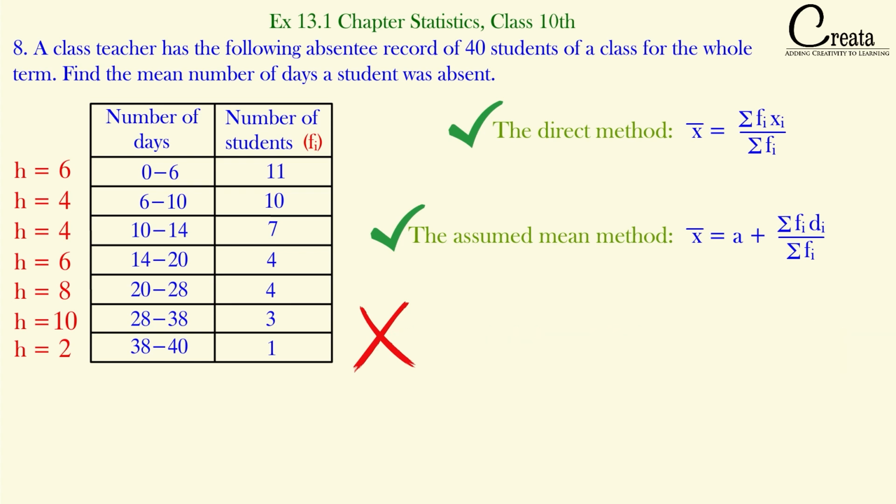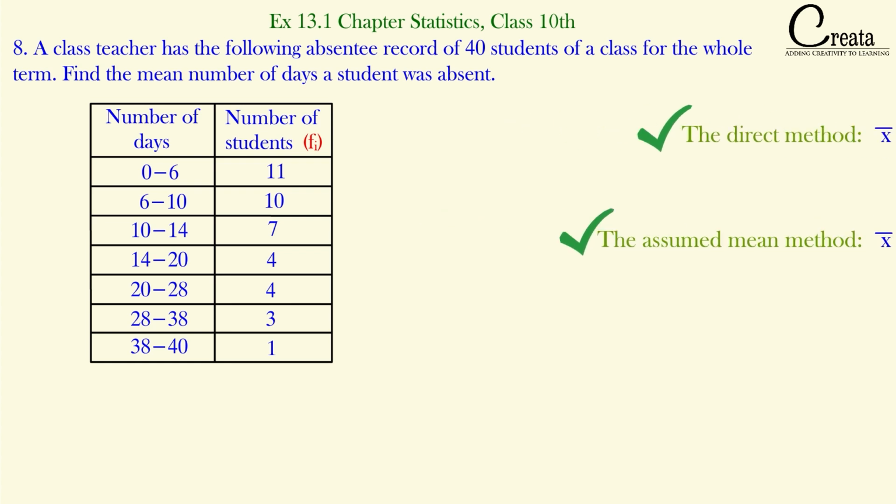So we cannot use the step deviation method because we do not have the same value of h. We cannot apply this formula. But we are free to use the direct method as well as the assumed mean method. The answer using both methods will be the same. So this is the understanding that you should have.